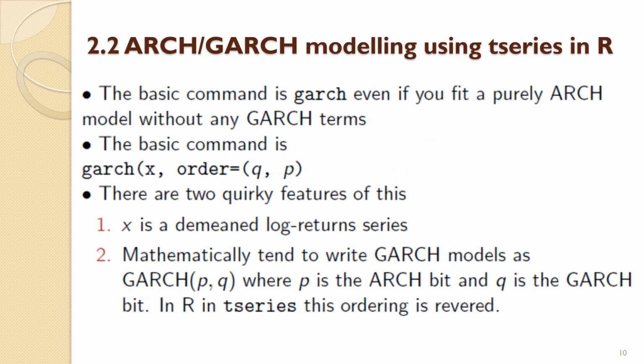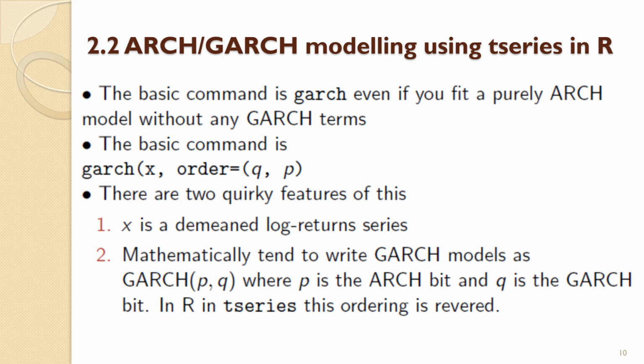So ARCH-GARCH modelling using tseries then. The basic command is garch, even if you fit a purely ARCH model without any GARCH terms. One thing I ought to also emphasize here is that tseries gets this thing the wrong way around. The notation used in R is the opposite way around to the conventional mathematical notation. This is a bit of a pain and isn't very well written.